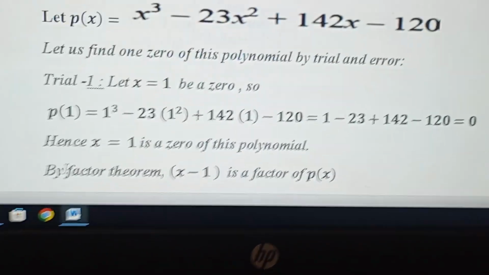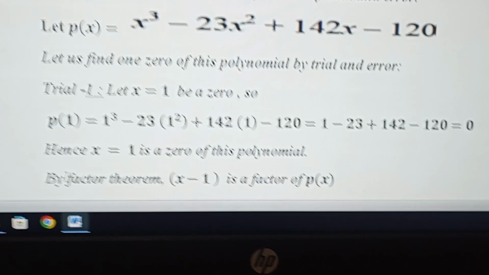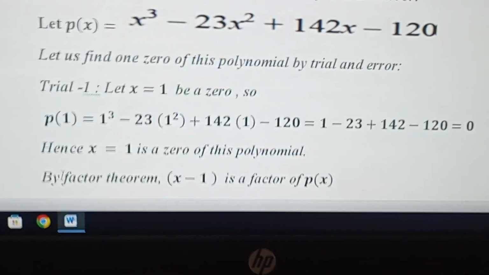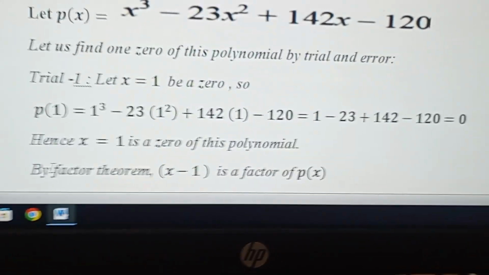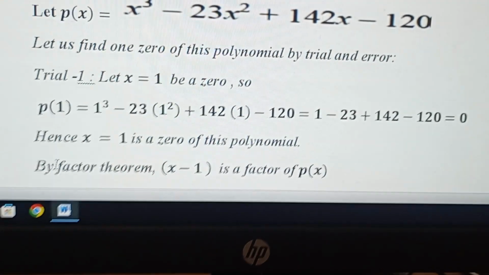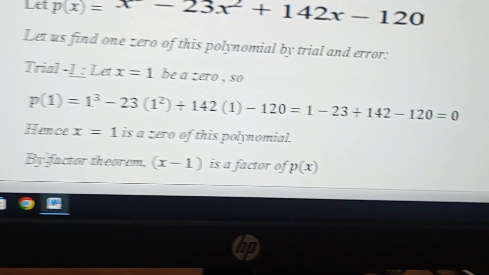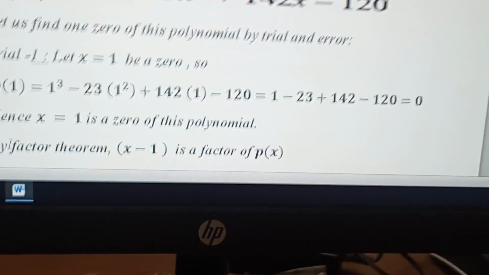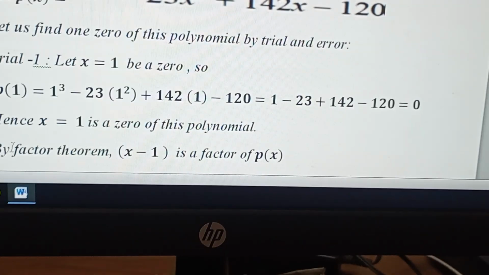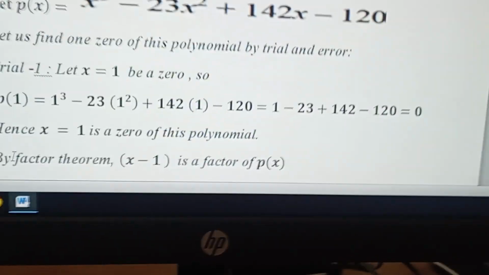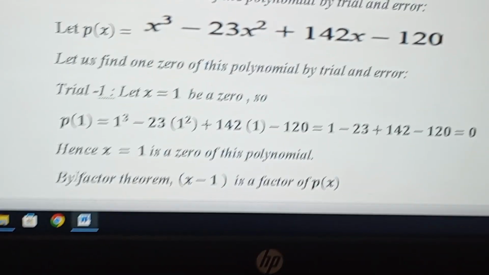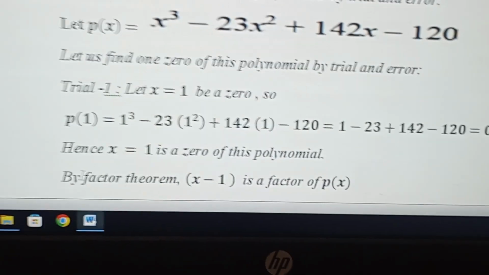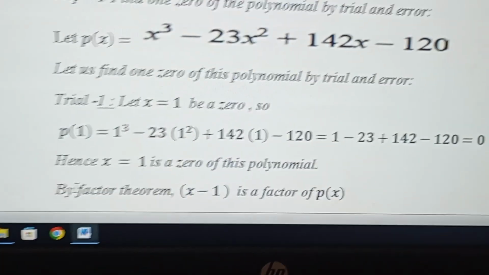So p of 1 is equal to 1 cubed minus 23 into 1 squared plus 142 into 1 minus 120. On simplification, we get 0. You can check it out. So we can conclude that x equal to 1 is a zero of this polynomial.